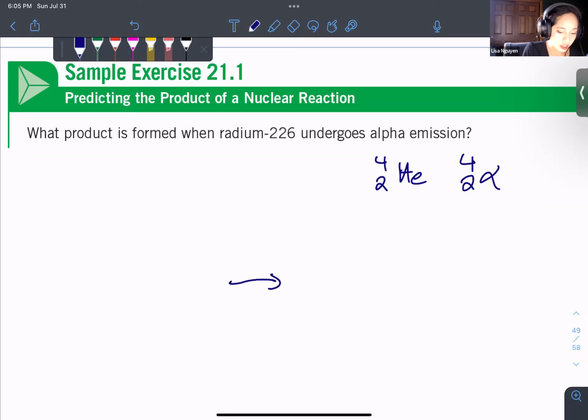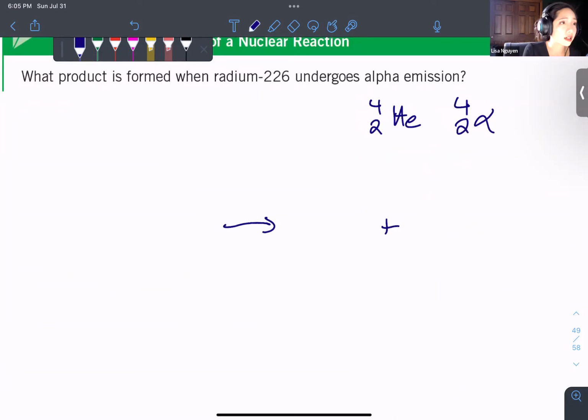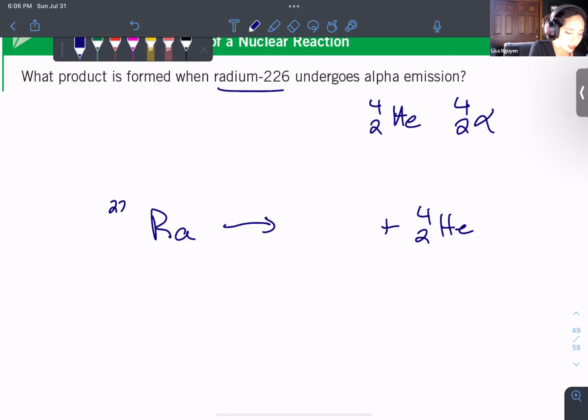So if we write our generic chemical equation, we know that an alpha particle will be our product because it's being emitted. Our radium-226 is going to be our reactant in this case, and 226 is our mass number.